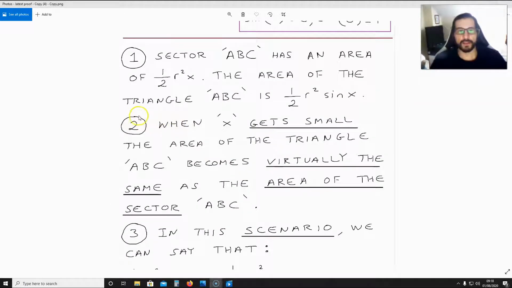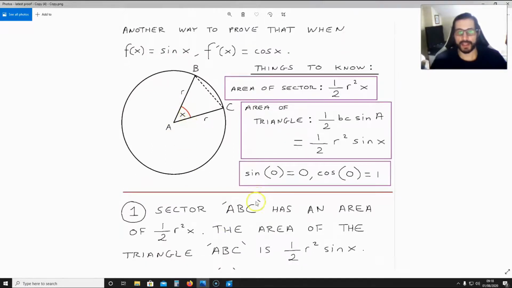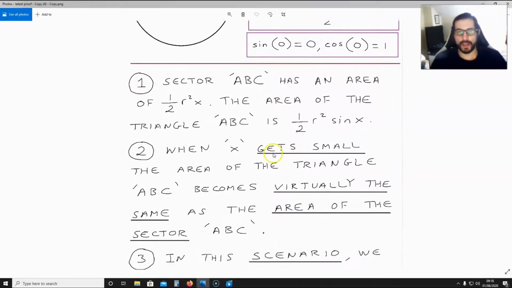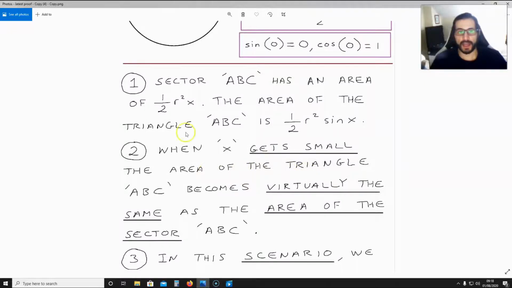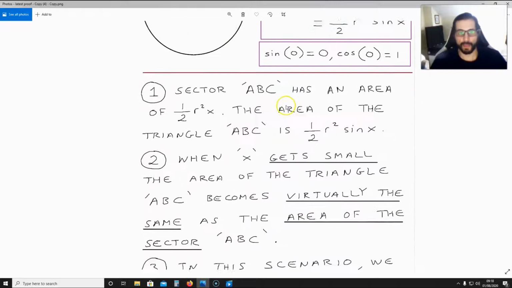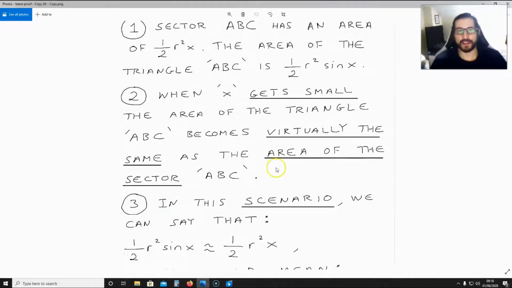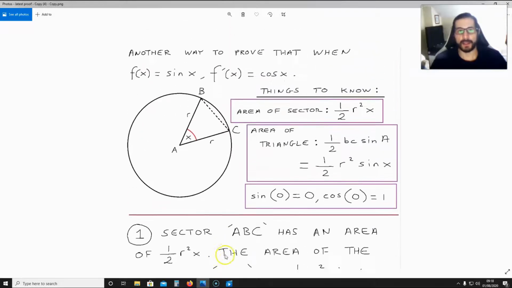Now moving to step 2 over here, it turns out that when x gets small, when this angle over here gets very, very small, the area of the triangle ABC, this isosceles triangle over here, becomes virtually the same as the area of the sector ABC.